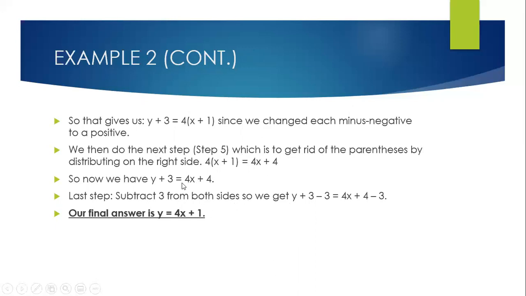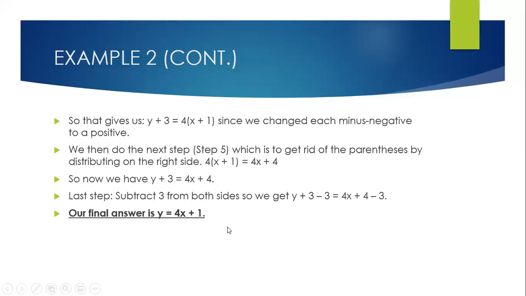So what we'll do is we will get rid of the plus 3 by subtracting the 3 from both sides. And we'll do the same thing to the other side. And that'll give us 3 minus 3 is 0, so that goes away, it's gone. And we get 4 minus 3 is 1. So we get 4x plus 1. Now we look at our answer.